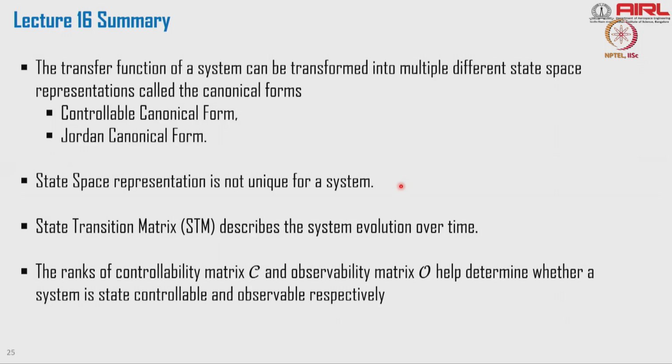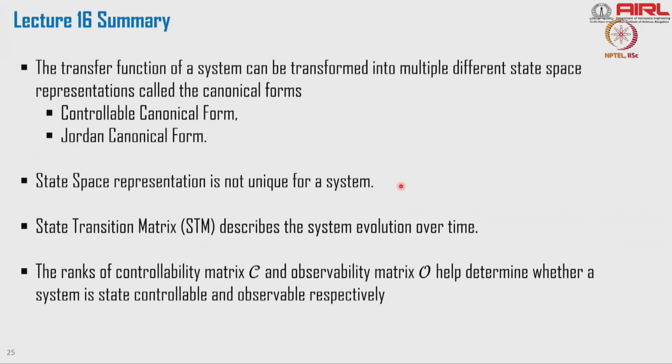We also talked about two important concepts, controllability and observability of the system. And we also saw how to test the controllability and observability of the system, right? And why we need controller canonical form and Jordan canonical form, and what their significance is, right?